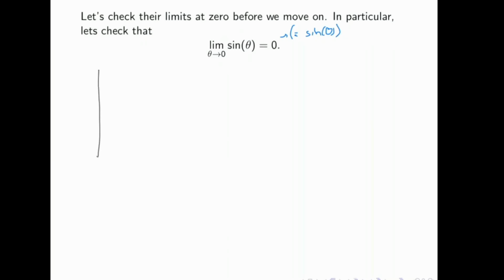Let's pick an angle, and I'll do a positive angle, but it works the same for a negative angle. So let's do a theta here. That length is 1. We're always taking the hypotenuse to be length 1. And we have a right angle over here. So this length, we can imagine the part of the unit circle here that extends, so part of the unit circle, or arc of the unit circle, let's say.